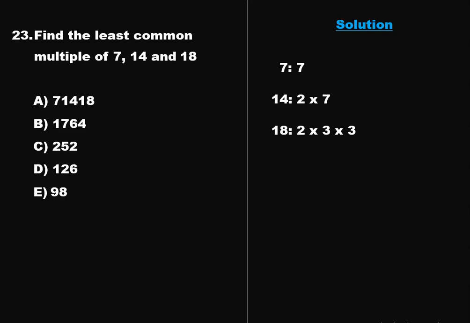Now, multiply each factor the highest number of times it occurs in any number. Therefore, we have the LCM of 7, 14, and 18 to be 2 times 3 times 3 times 7. Multiplying these numbers, we have 126. So the correct answer is D.